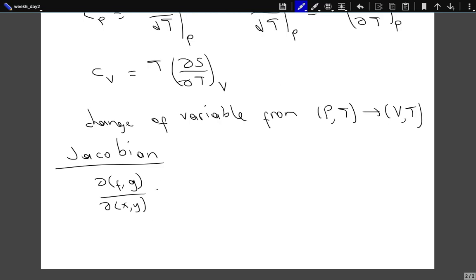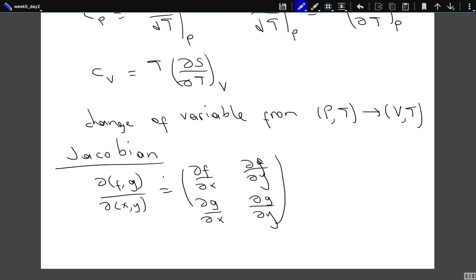The Jacobian is defined as this matrix. This is the f, this is the g, this is the x, this is the y. You can see the rows and columns exchange, but essentially this is the idea.